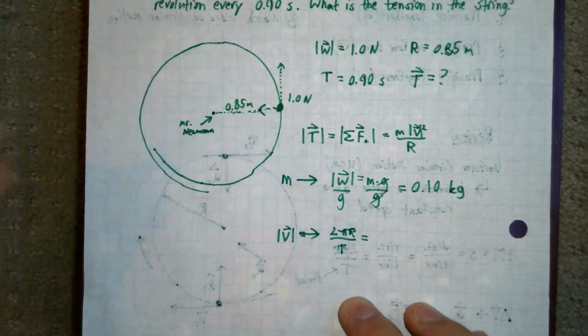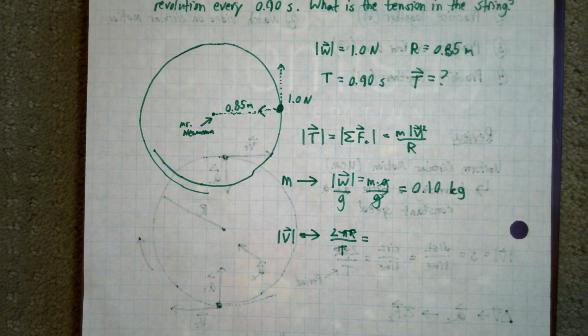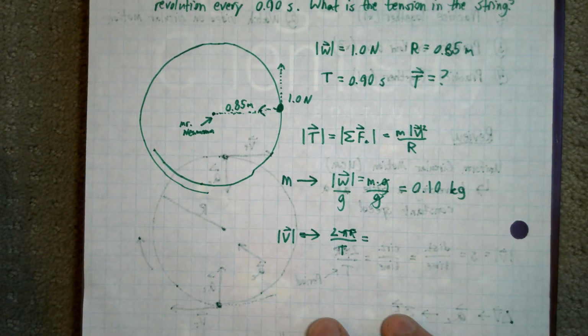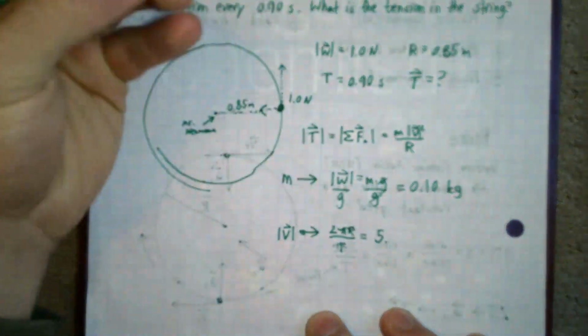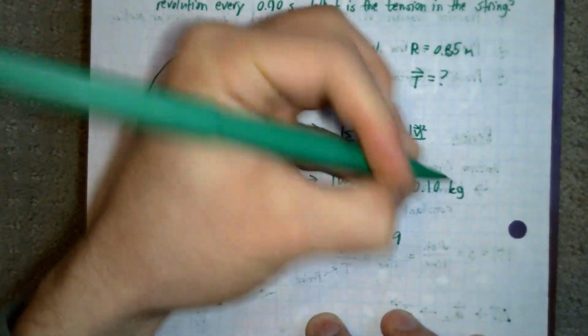We know the radius, and we know the period, so we can calculate our speed. 2 times pi times our radius of 0.85, and then divided by our period, which is 0.90. And we get a velocity, or speed, of 5.9 meters per second.